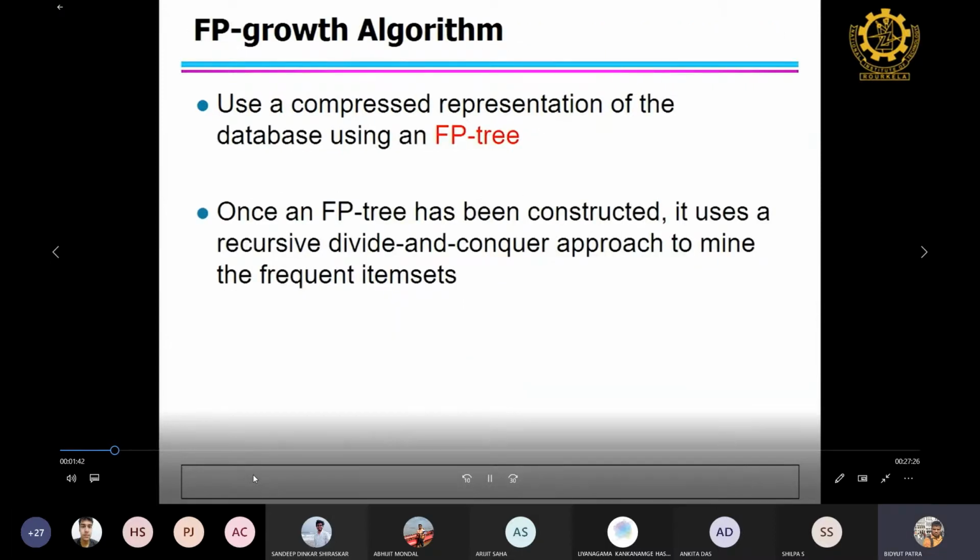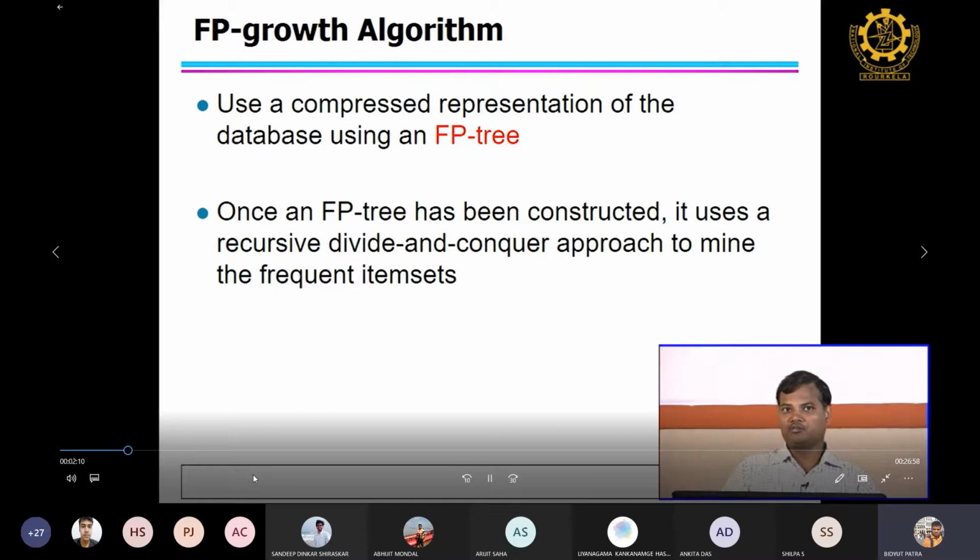Today we look into a different algorithm called the FP growth algorithm. This algorithm has two parts. One is how to represent the data in a much better way. Once we have represented the data, we find the frequent item sets, and then the association rules, because finding association rules is much easier once you find the frequent item sets, as we have seen.